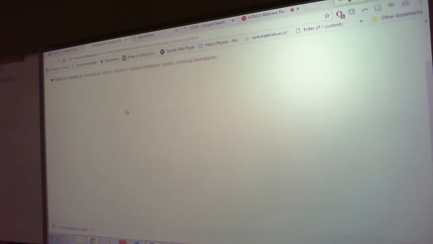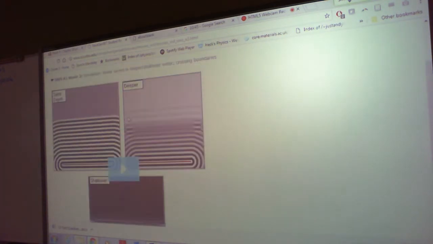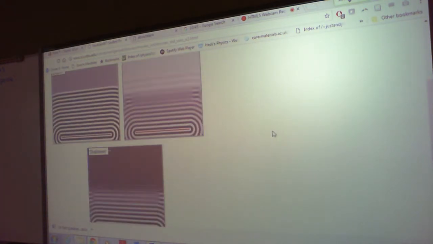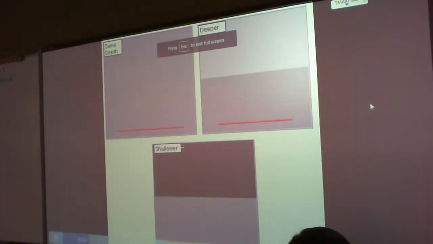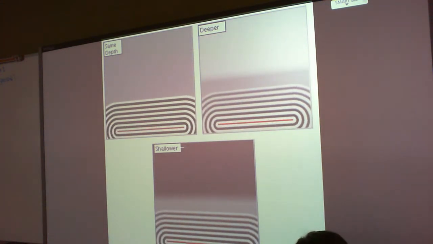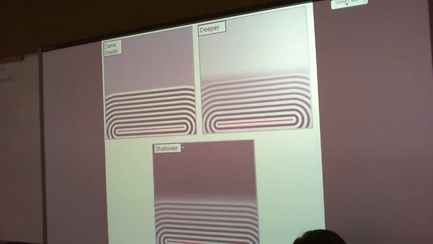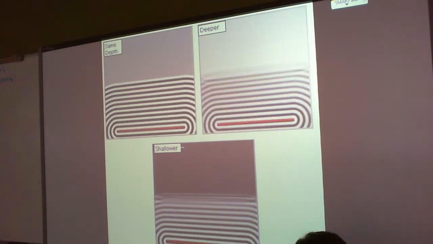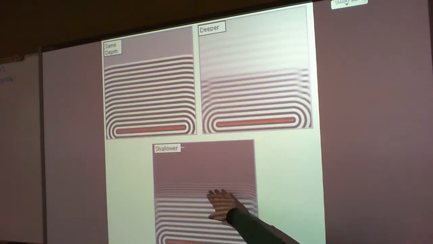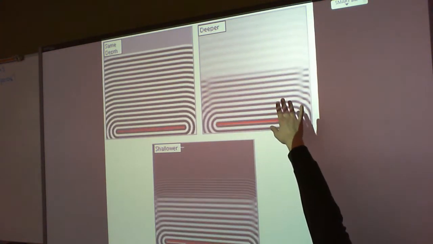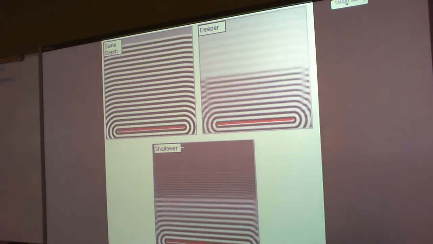Okay. And these simulations, they show deeper and shallower water. So as these waves travel, their speed changes. You can see that the one where the wavelengths get shorter, the speed is slower, whereas with the longer wavelengths, the waves are already to the other side.